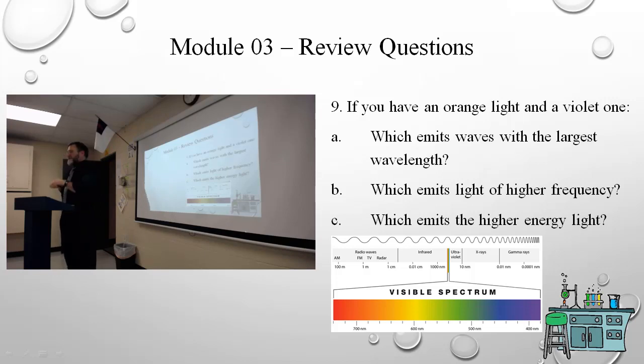Again, because of the way they're related. So, which emits the higher energy light? Violet. Violet has a higher energy because violet has a higher frequency. Violet has a higher frequency because you remember the chart, or because orange has a larger wavelength. So the other must have a higher frequency.